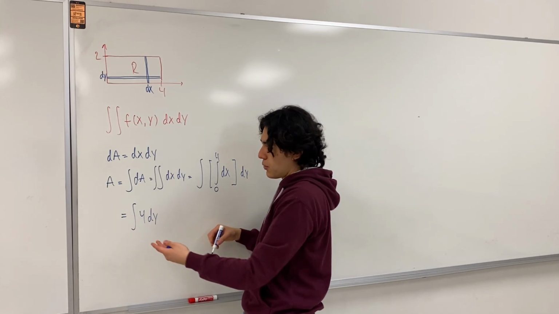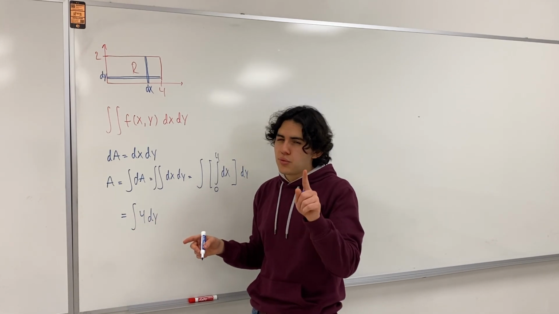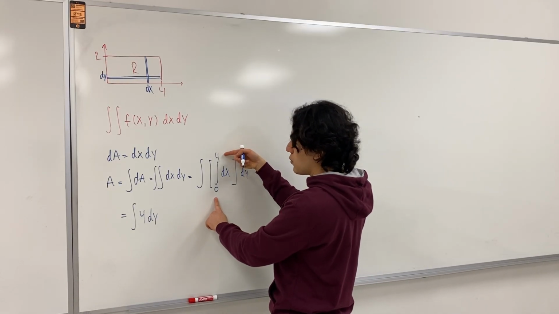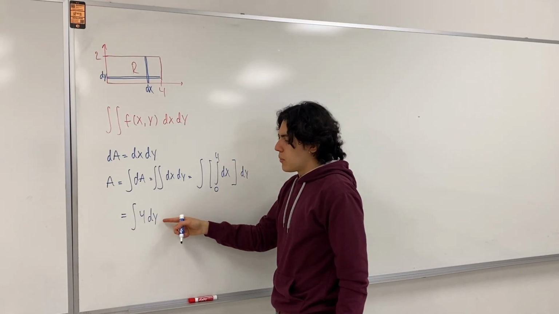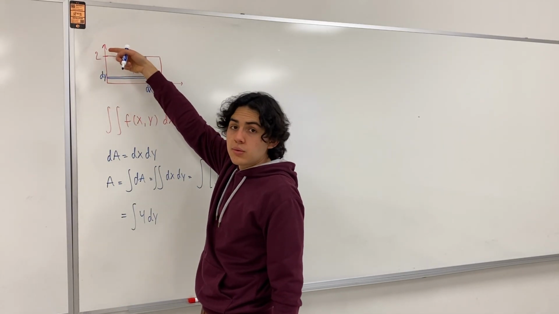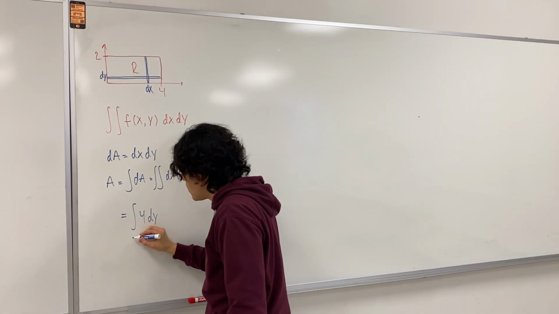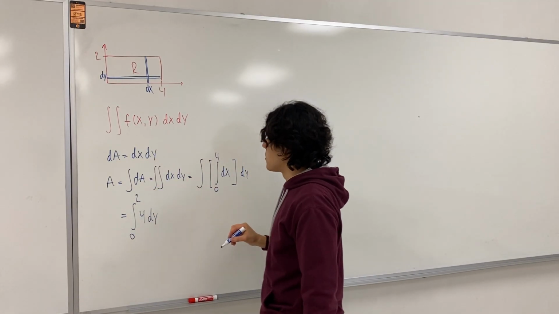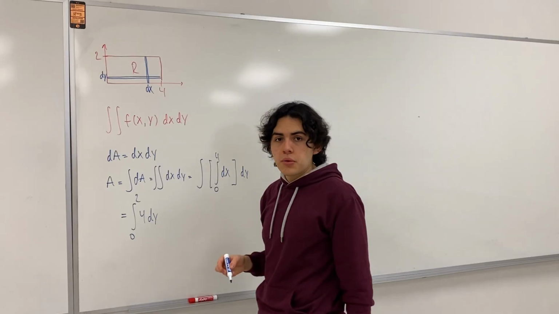What is the antiderivative? Well, in this case, we don't really want the antiderivative. Again, we do something similar to what we did here with the lower and upper bounds. y ranges from y equals 0 to y equals 2, okay? So we say 0 is our lower bound and 2 is our upper bound, and then we integrate this.